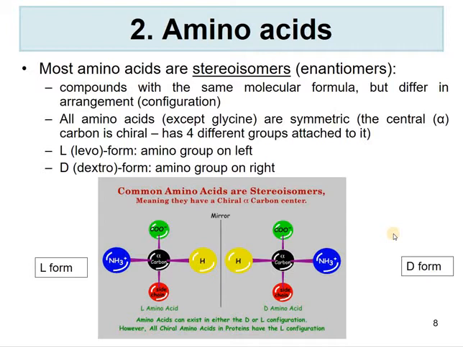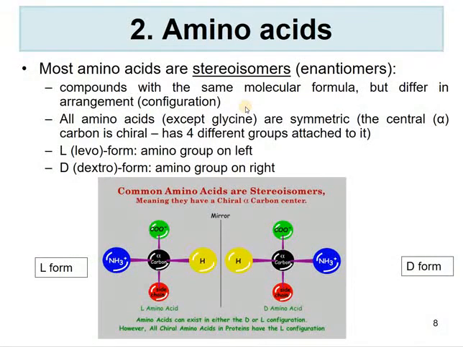Okay, so in terms of the amino acid structure, there are some terms that we need to understand before going on to the actual deep structure. Most amino acids are stereoisomers, or what we call enantiomers. We already know from first year chemistry that these are compounds with the same molecular formula but differ in arrangement. Why?